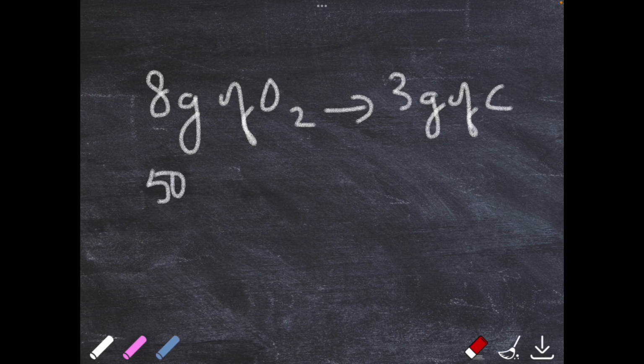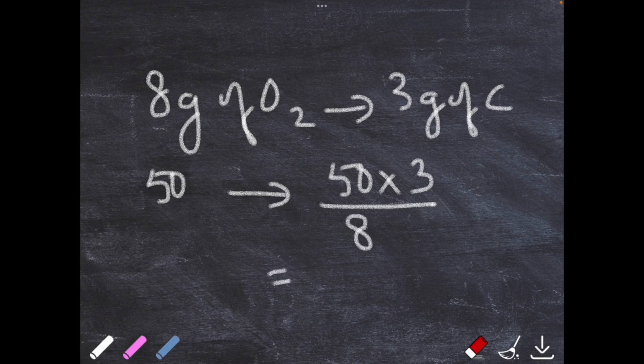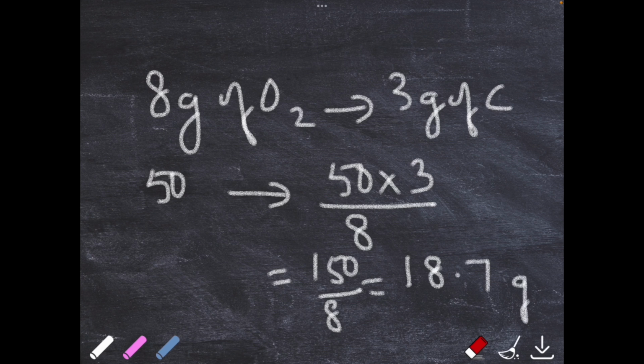Supposing you have 50 grams of oxygen, then 50 grams of oxygen will be needing 50 into 3 divided by 8. That is equal to 150 by 8, and that is 8 ones are 8, 8 eights are 64, 8 sevens are 56. That is approximately 18.7 grams of carbon.